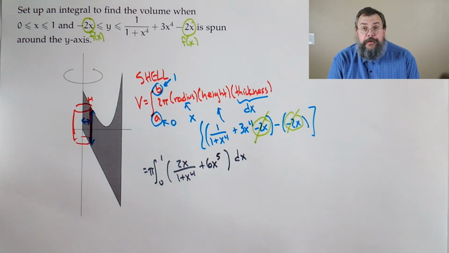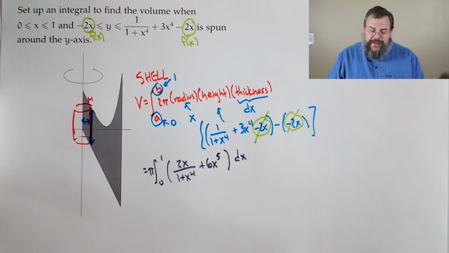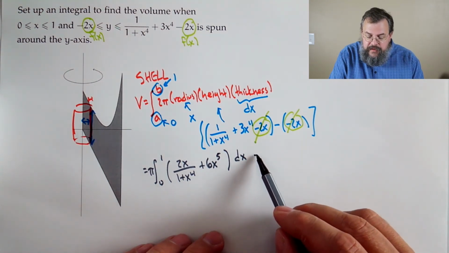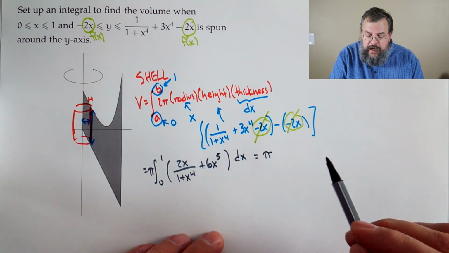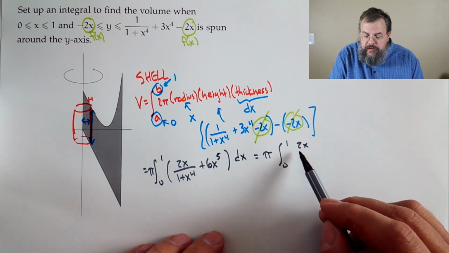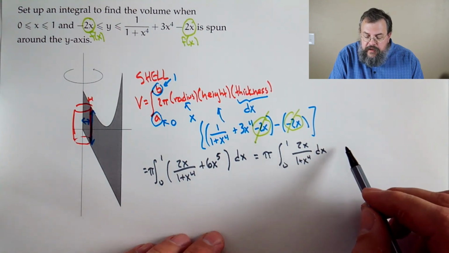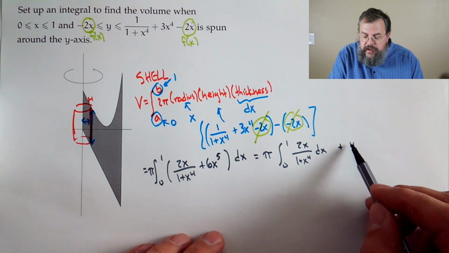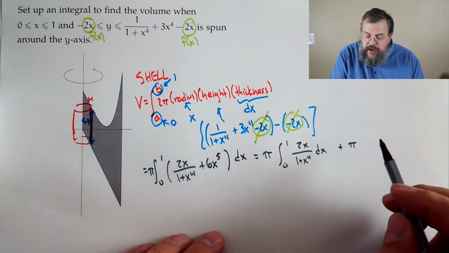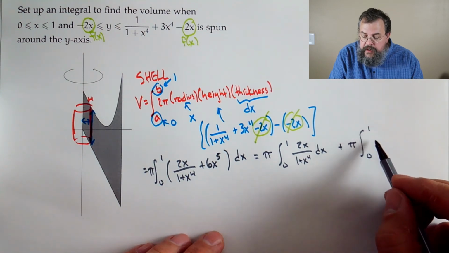Now, one of these integrals is pretty straightforward, and the other one will need a little bit of work, but not too much. So let's break this up into two pieces. So we're going to have our pi, and 0 to 1, 2x over 1 plus x to the fourth dx. This is one of the nice things about integration: if you have things being added and subtracted, you can either put them together or you can take them apart.